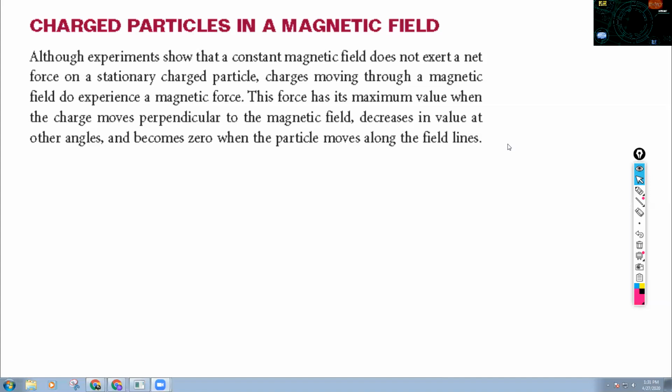So, to kind of break it all down into its base layer, we're going to look at charged particles in a magnetic field. Now, you have this external magnetic field. If you have a static charge, an electric charge, an electron, proton, doesn't matter, positively charged object, negatively charged object, and it's just sitting there, it's not moving, there's not going to be any force felt by that charge.